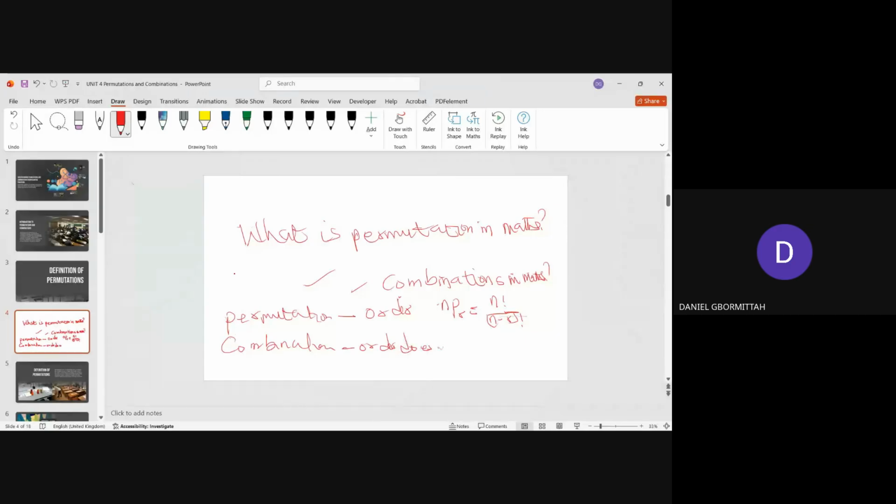Then you said the formula is n combination r is equal to n factorial divided by n minus r all factorial, then r factorial. So these are the two major formulas that we'll be using. For the first one, order is important, and for the second one, order is not important. These are the major things we want to do today.